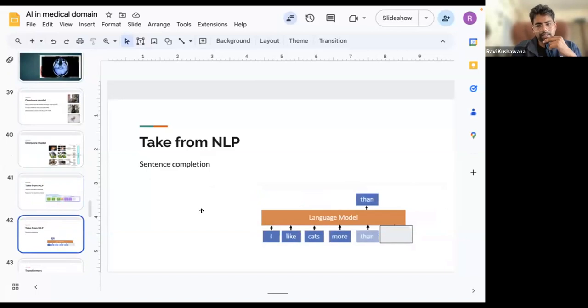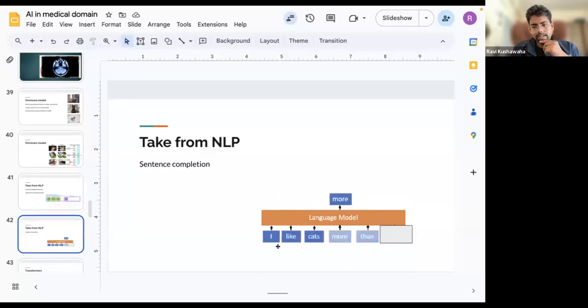NLP also helps in sequence completion, like when you have to fill in the blanks: "I like cats more than". Here the last word can be anything, but the model has learned that it has to be a noun, similar to cats. Here they are not predicting plants, or a word like, let's say, cry.